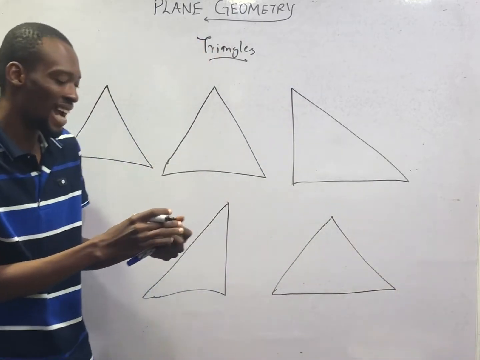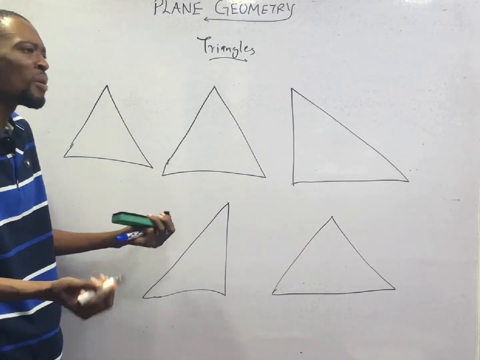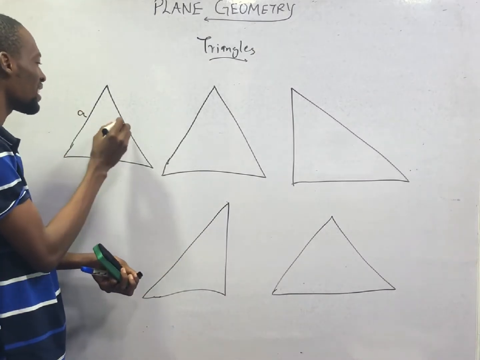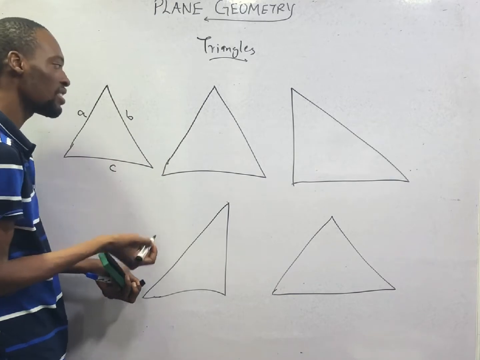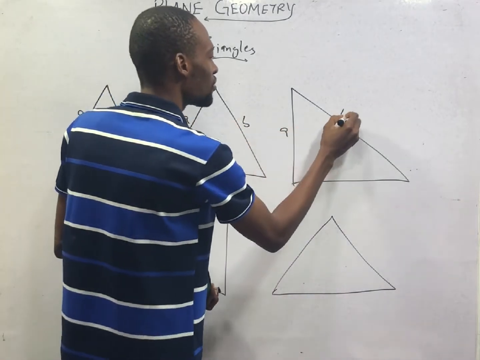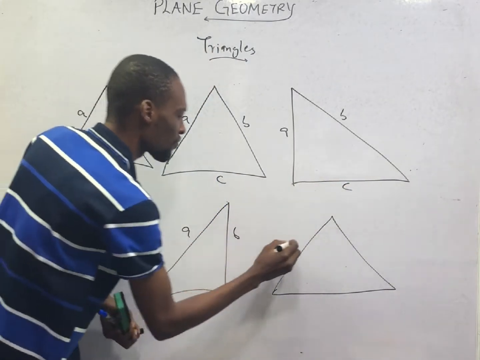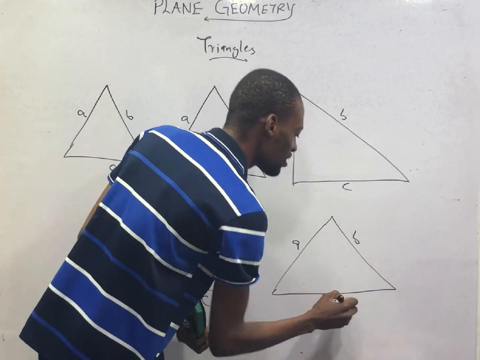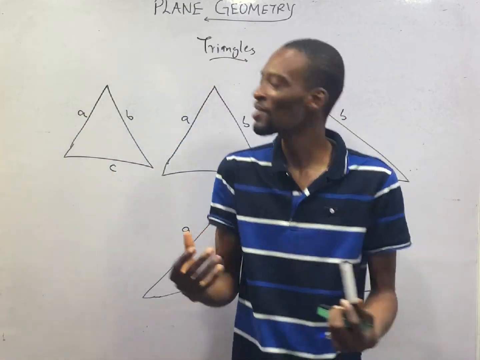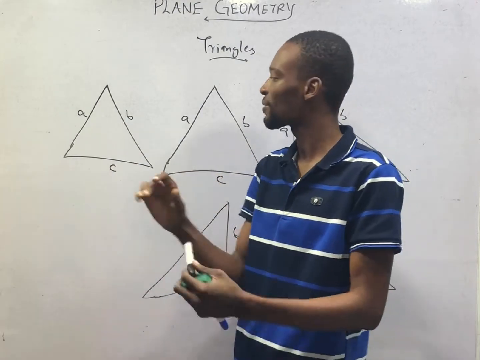So long it has three sides, it is referred to as a triangle. We can choose to number the sides. You can call this side A, side B, side C. So anyhow you choose to number the sides or to name the sides, you are correct.